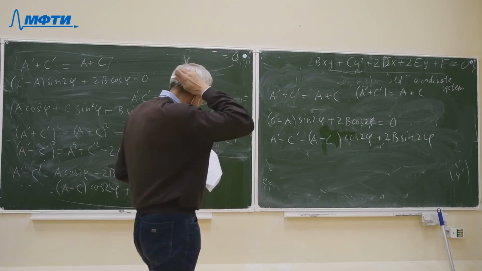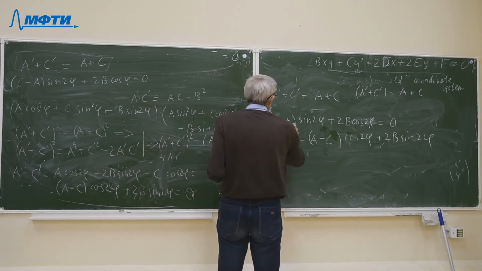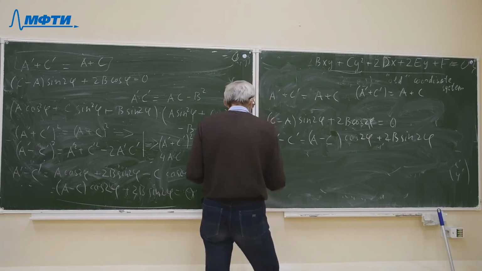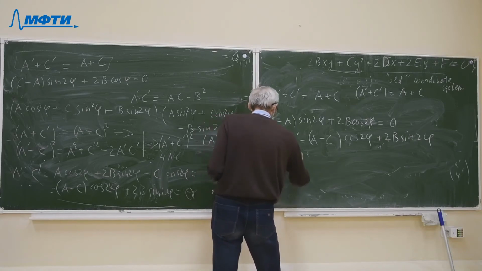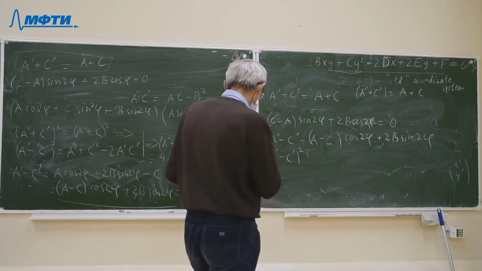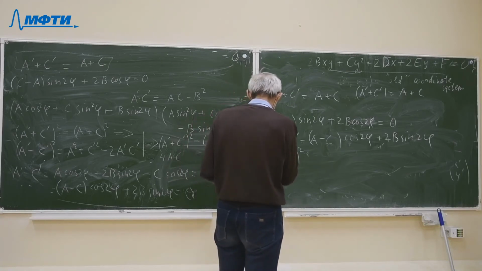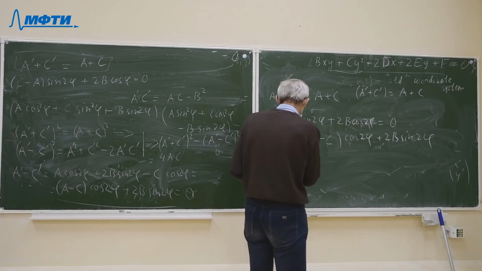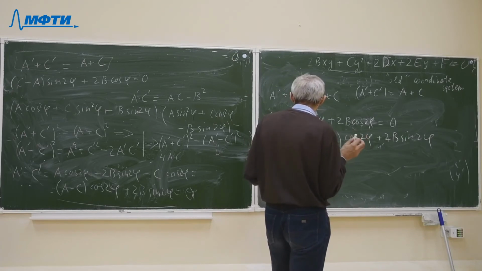Okay, and we have this term is equal, and after that we can calculate A prime minus C prime.